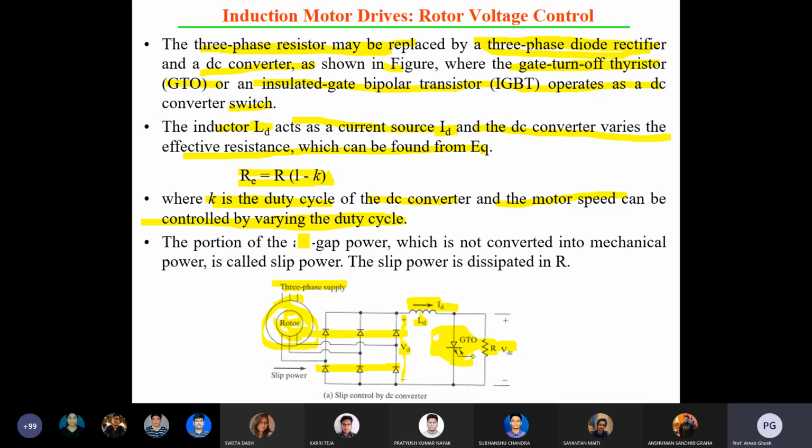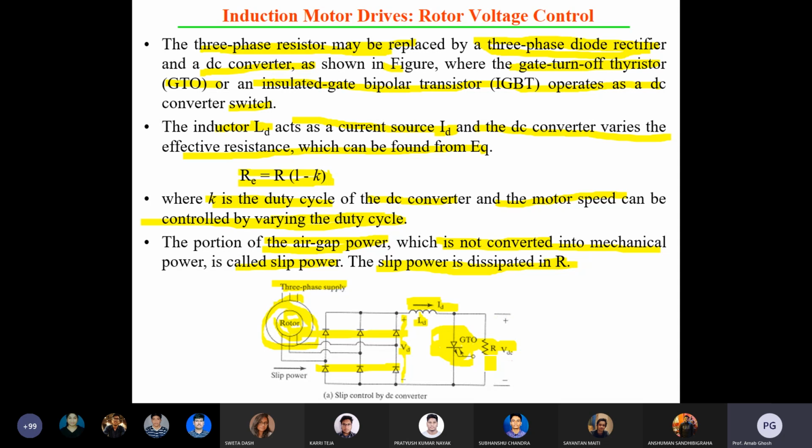The portion of the air gap power which is not converted into mechanical power is called the slip power. You know which one is mechanical power and which one is slip power; you have already gone through it in machines.